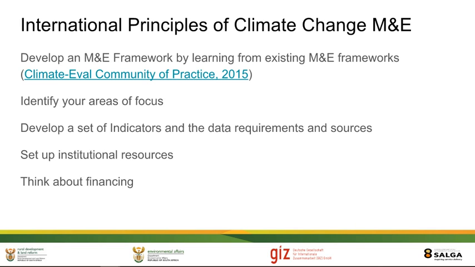Some of the key principles highlighted in this report are that you define your focus areas that you would like to monitor. You then need to develop a set of indicators to measure progress and identify the data that is required to measure the indicator and the sources required. When you develop your M&E framework, you should also identify the institutional requirements and the funding that is required to implement your M&E system.